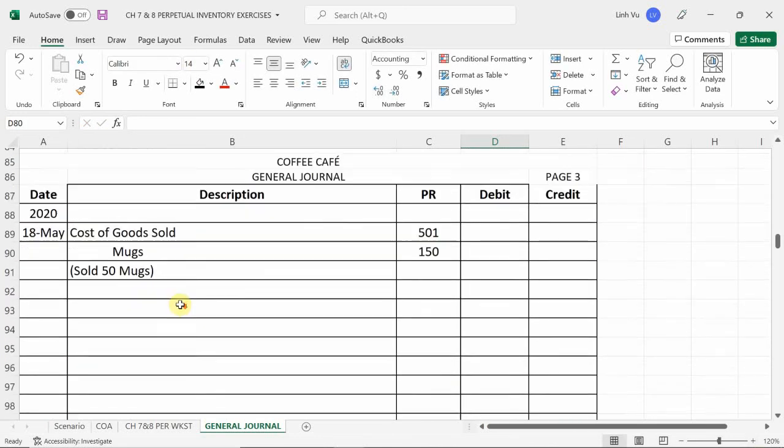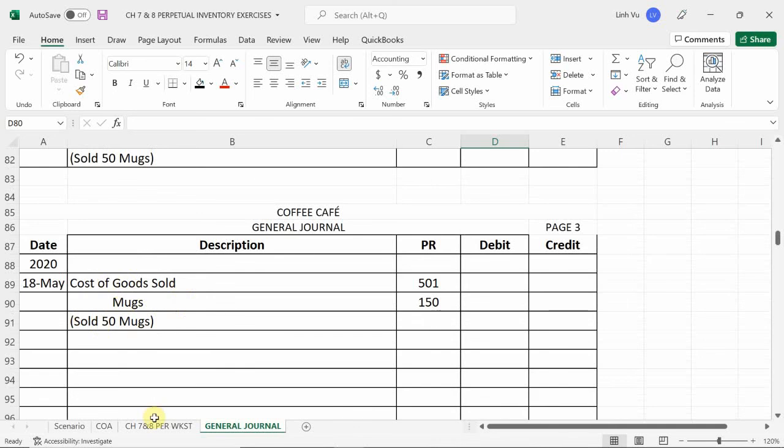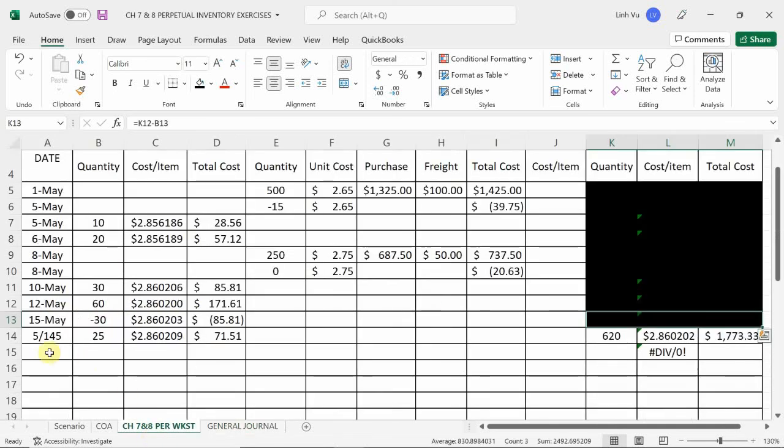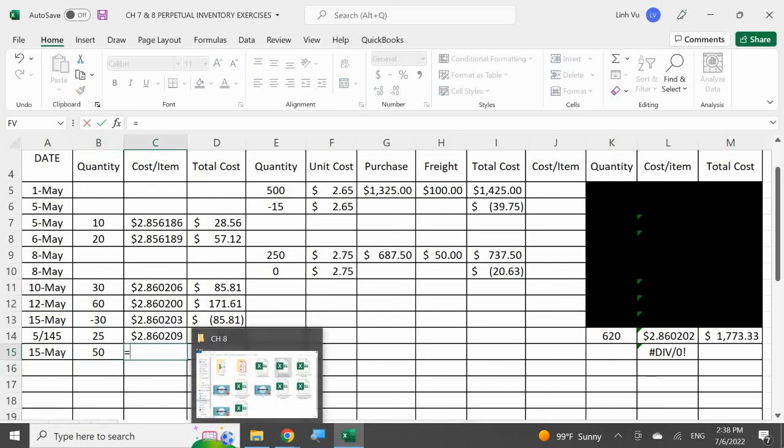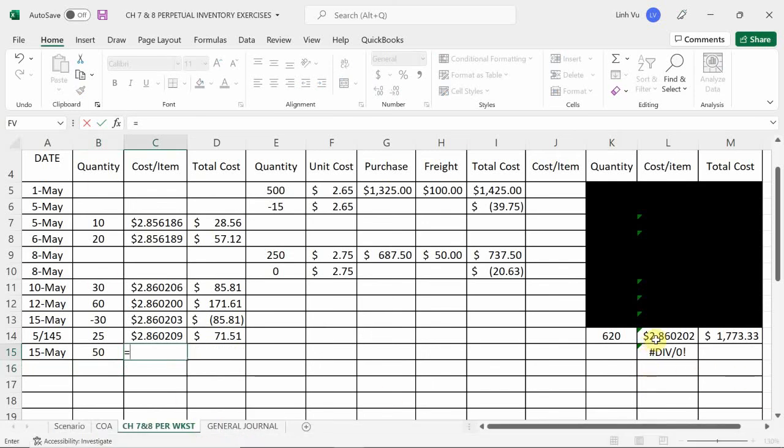So once again, I need to figure out what my cost of goods sold is. So on May 15, I sell 50 units at $2.860202.